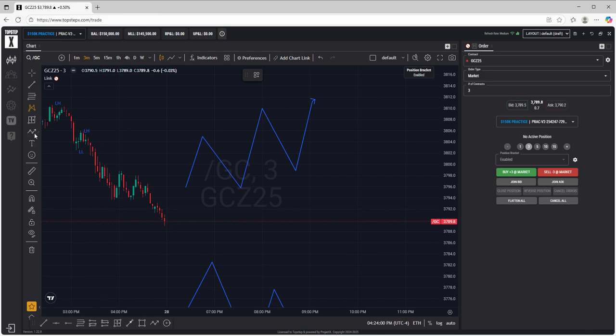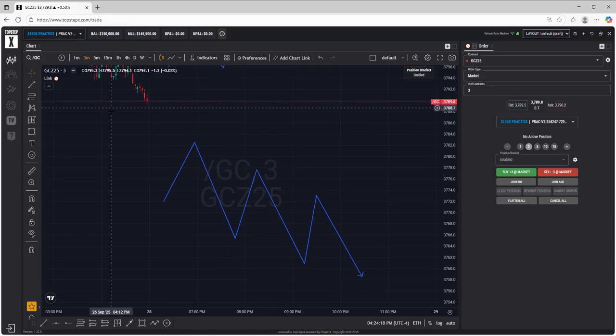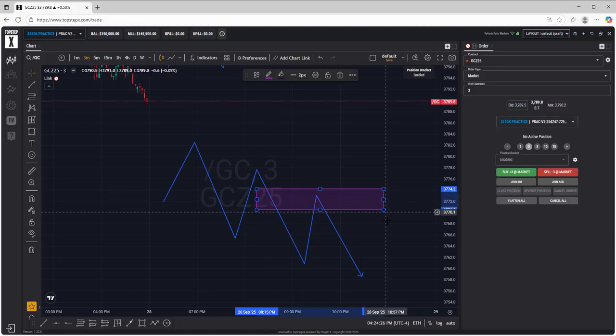Let me get my shapes together. You want that pullback to occur in that optimal trading zone. You want a good retracement into that zone so you can buy up, or even here, you want a good pullback into the zone so you can sell down.